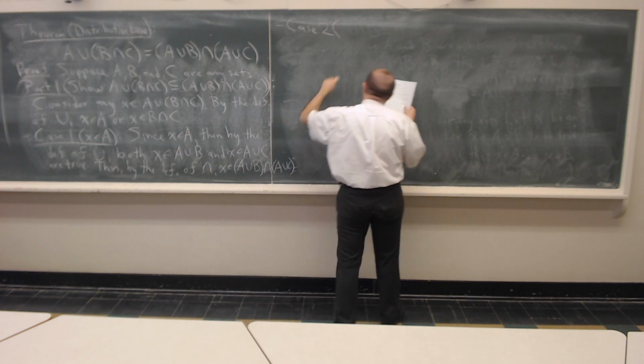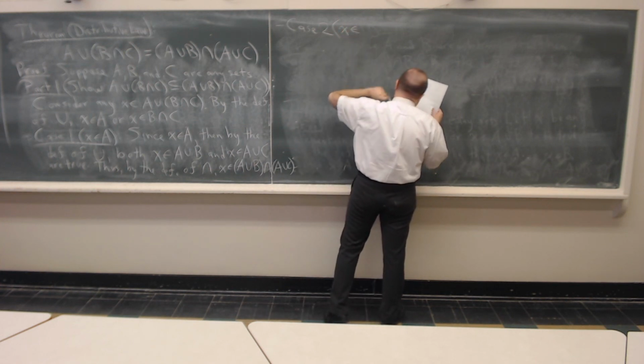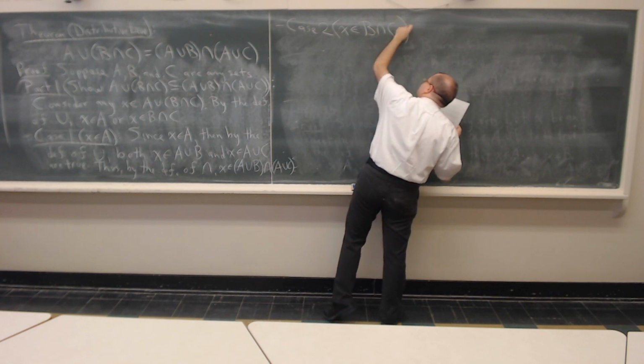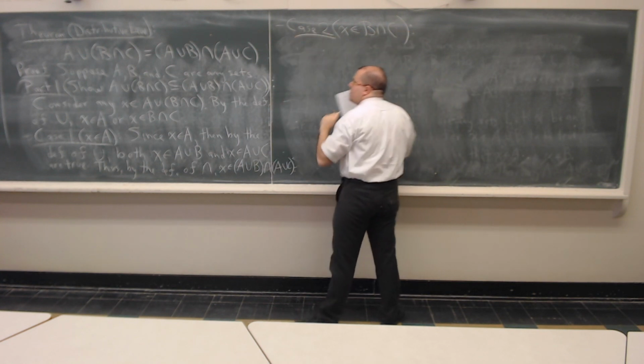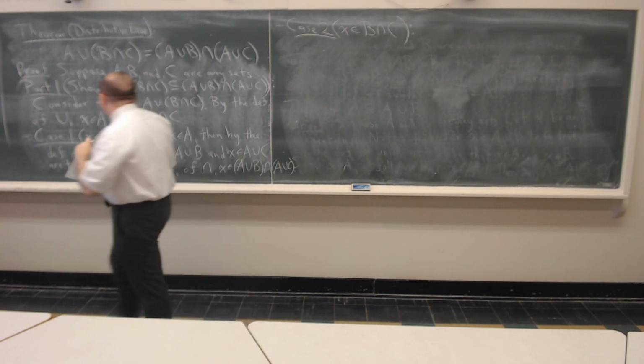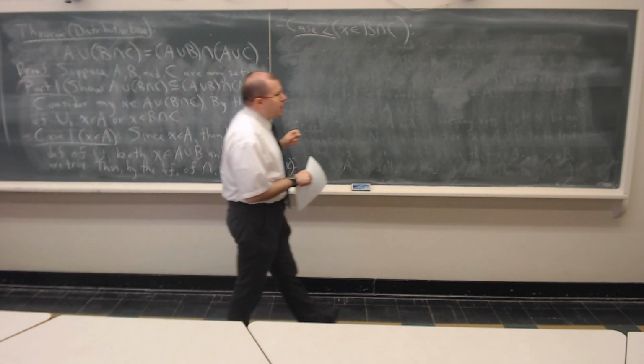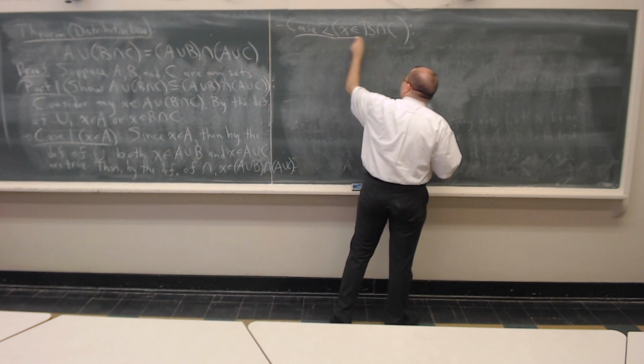In case 2, x is in B intersection C. Remember, if we could show this and that, we're done for this one side.